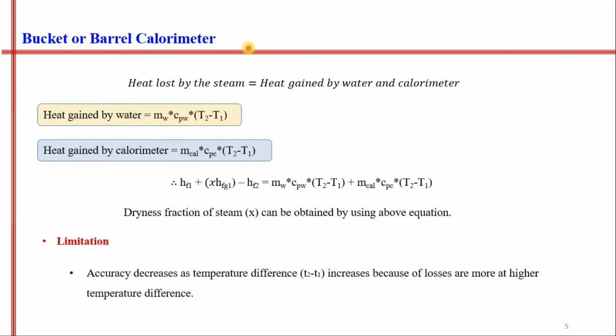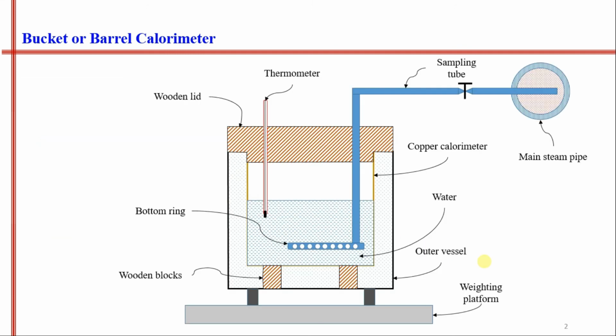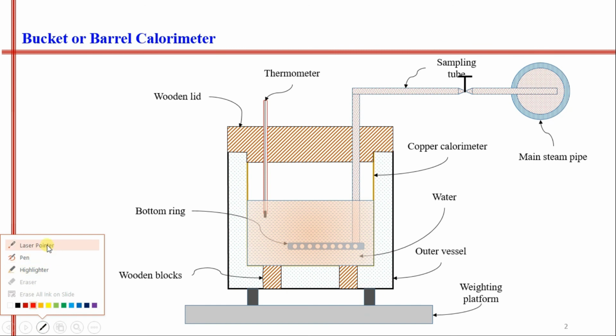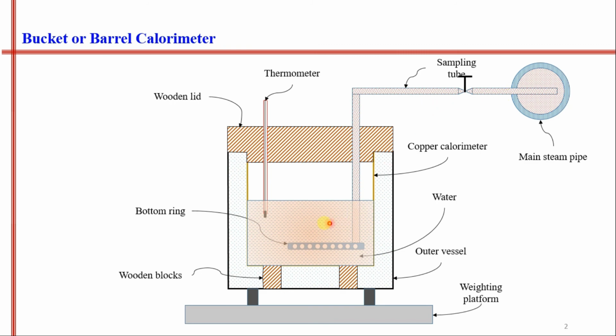Now, what is the limitation of this calorimeter? Accuracy decreases as the temperature difference T2 minus T1 increases, because losses are greater at a higher temperature difference. Suppose we have taken steam which is very hot, and the water is at room temperature or below saturation temperature.